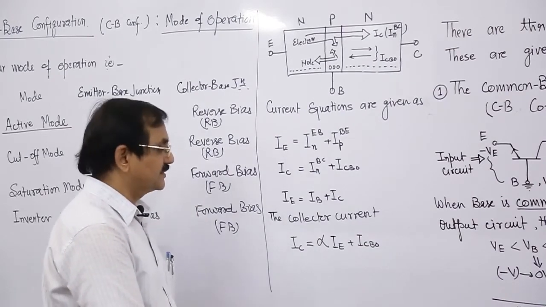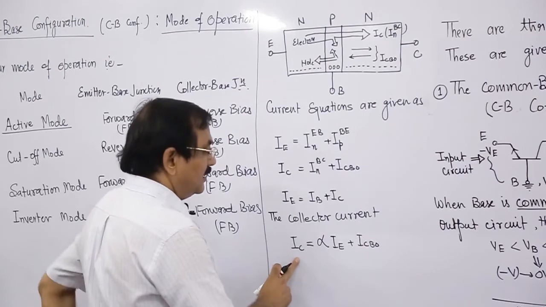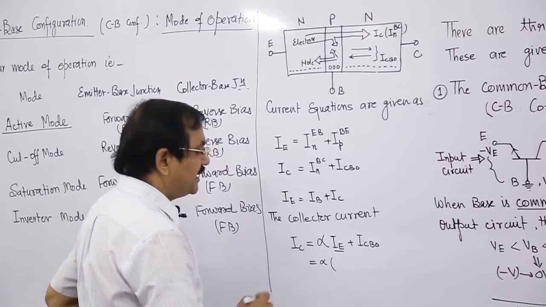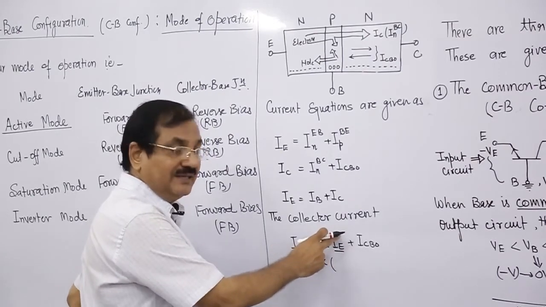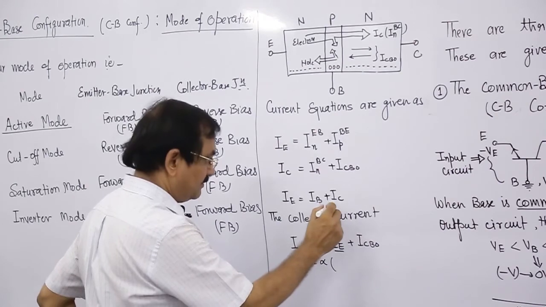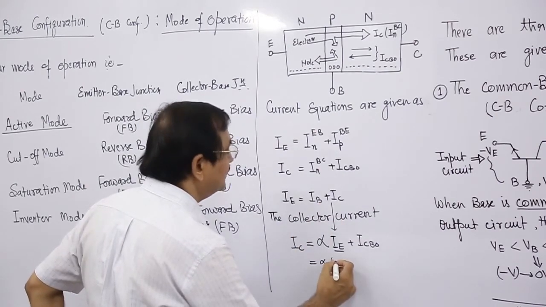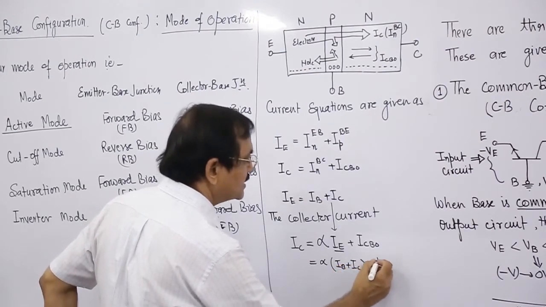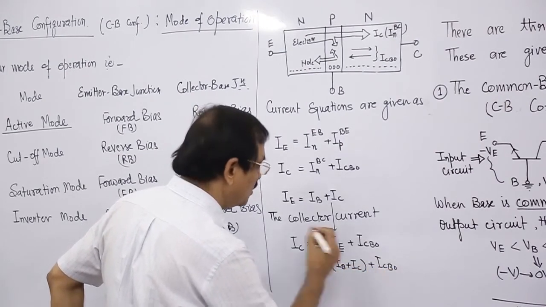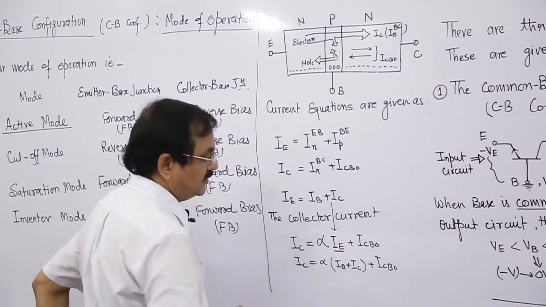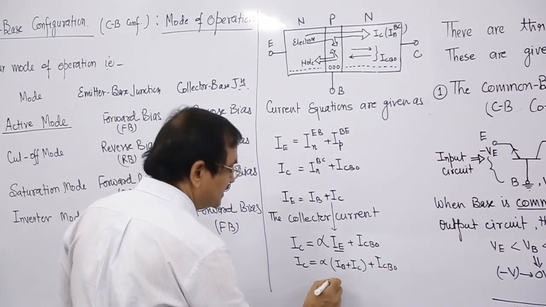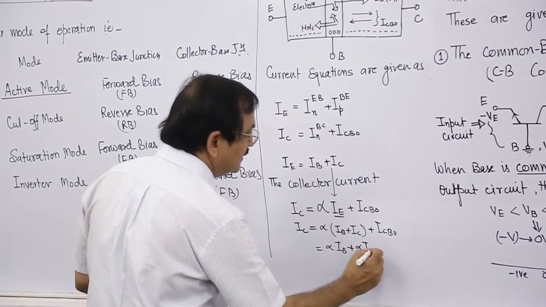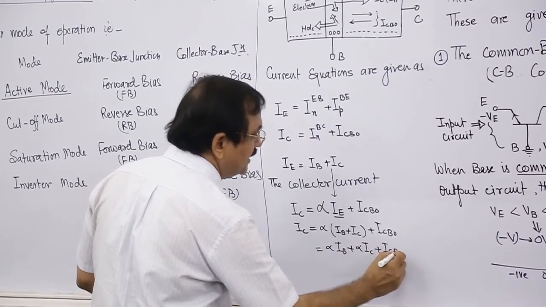This IE we can substitute from the above equation, IE is IB plus IC. So we have IC equals alpha IB plus alpha IC plus ICBO.